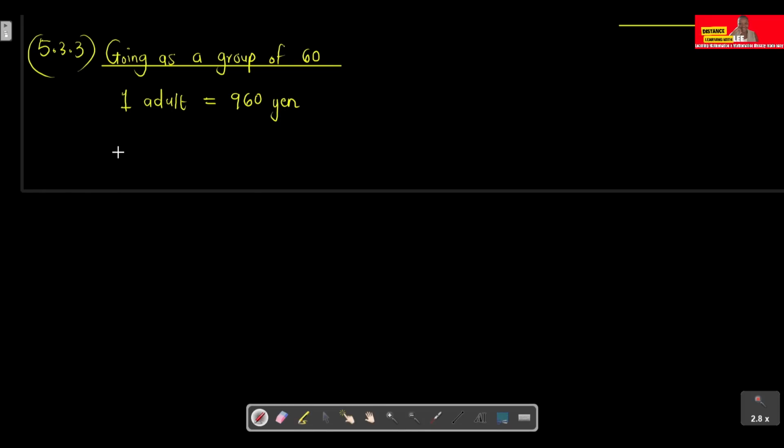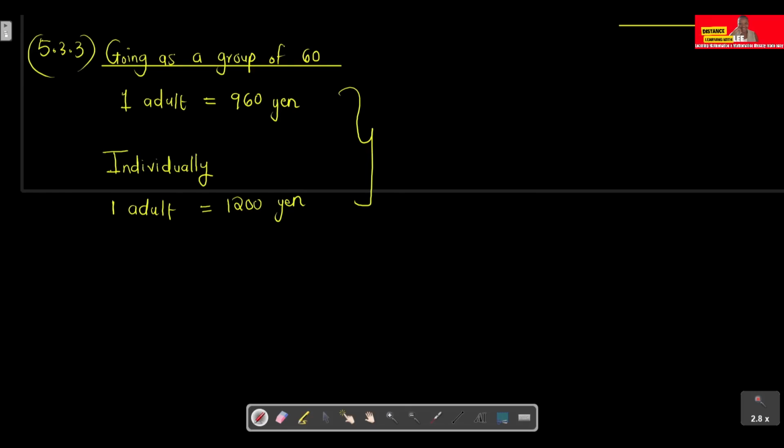So individually, one adult pays 1,200 yen. So now we want to check what the percentage discount is. How do you determine the percentage discount, guys? Firstly, to help you understand the concept, how much would you save if you decided to go as a group?